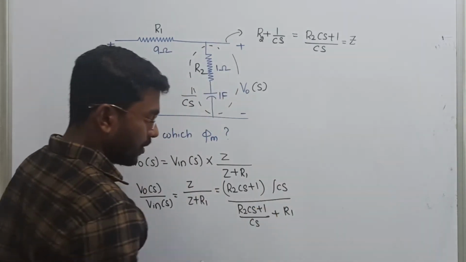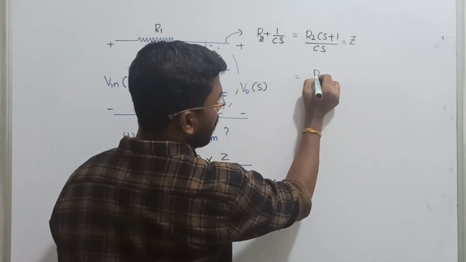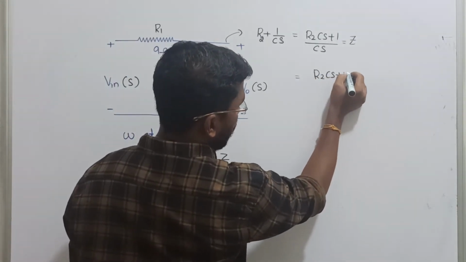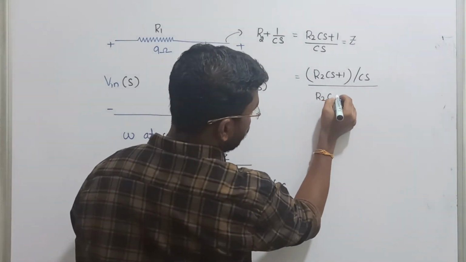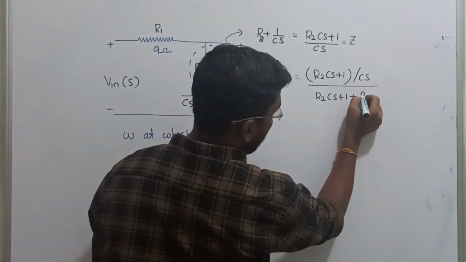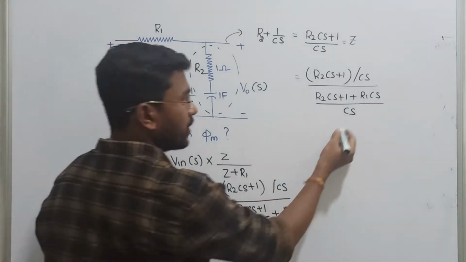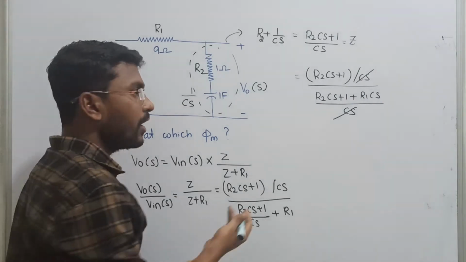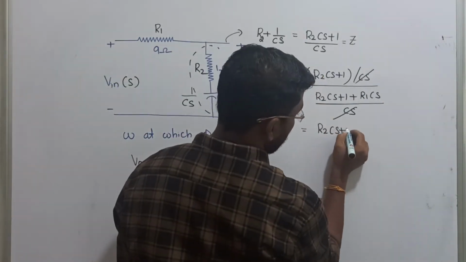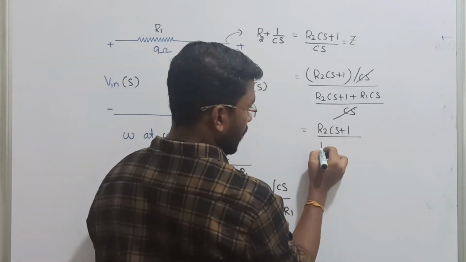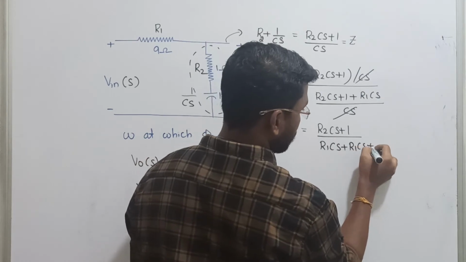Now take the cross product such that this net function can be reduced to R2 Cs plus 1 whole divided by Cs, whereas in the denominator we have R2 Cs plus 1 plus R1 Cs whole divided by Cs. See, the Cs are going to be cancelled. So next what I am getting: R2 Cs plus 1 in the numerator, and in the denominator R2 Cs plus R1 Cs plus 1, right?